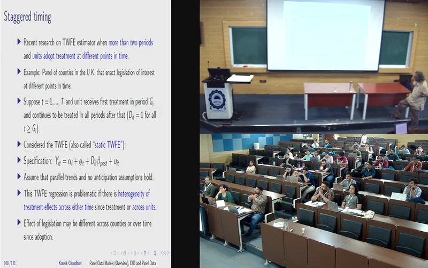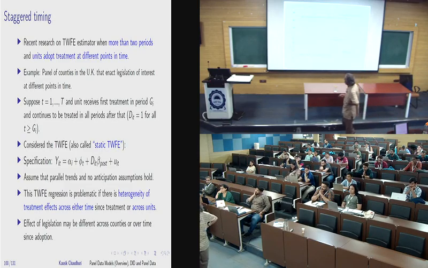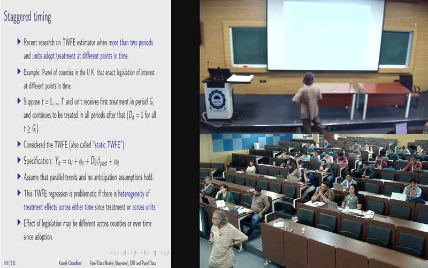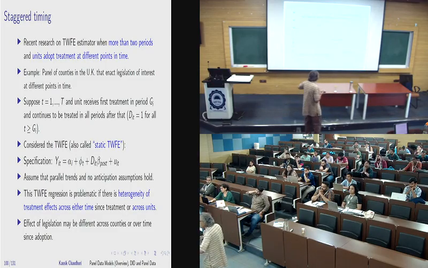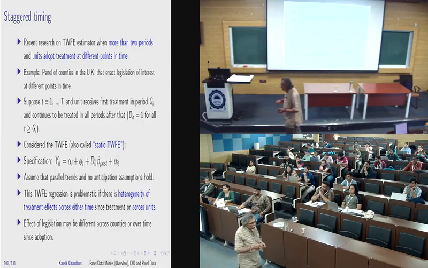This TWFE regression is problematic. And why is it problematic? Because different groups got exposure at different points of time, right? And the time since treatment differs across units. The effect of legislation may be different across counties over time since adoption, right?